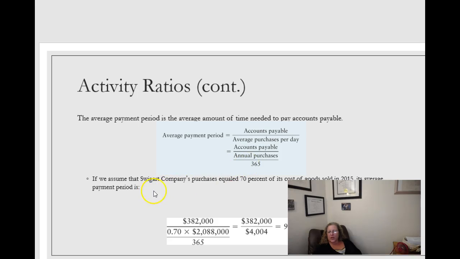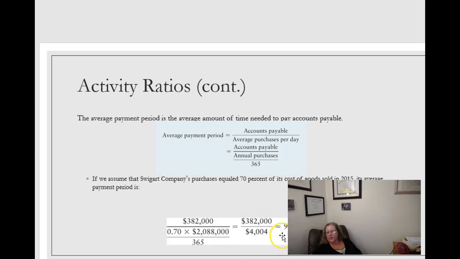So here, if we assume that Swigert Company's purchases equaled 70% of its cost of goods sold in 2015, then the average payment period would be our accounts payable divided by 70% multiplied by the 2,088,000, this is our annual purchases, divided by 365, which gives us 4,004.